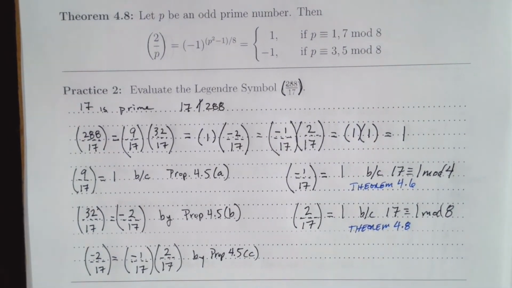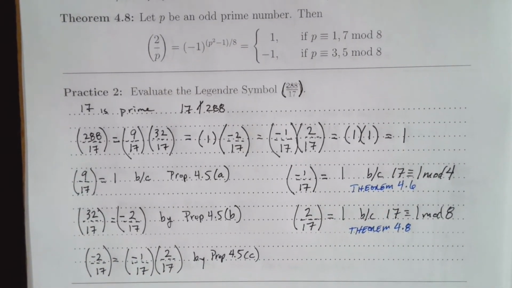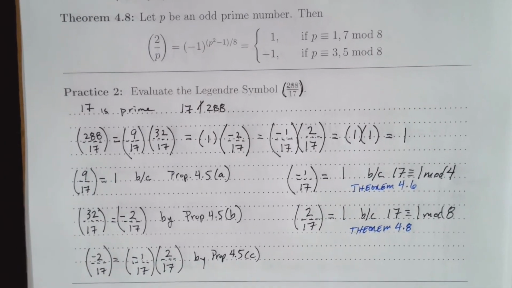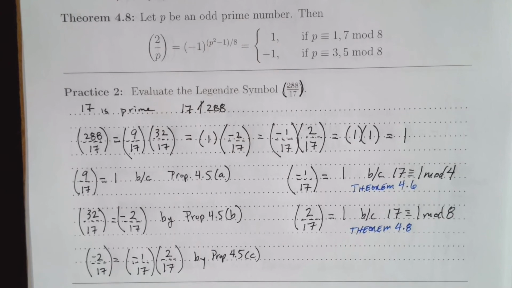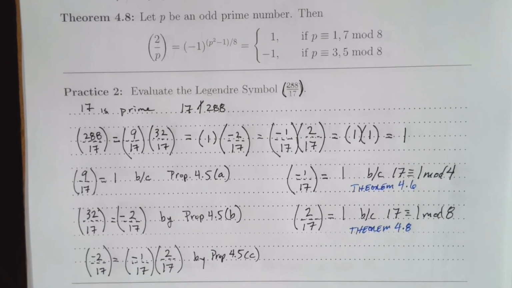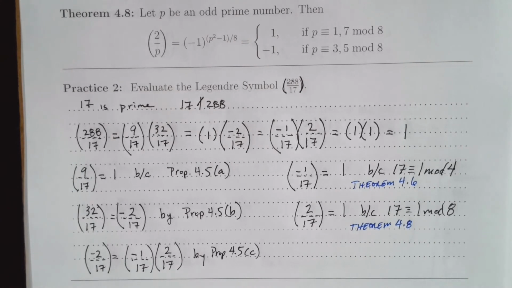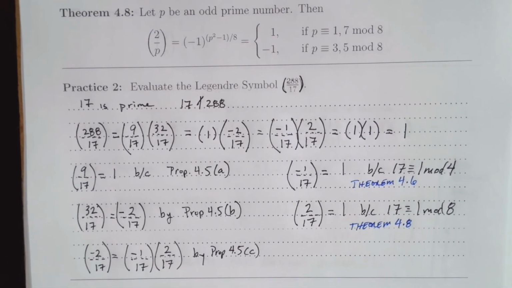If we had Wolfram Alpha or a similar technology resource available to us, we could type the information in and just double check to see what would be the Legendre symbol of 288 modulo 17, and the answer that you would get would be that it's equal to 1. And really, what's that telling us?